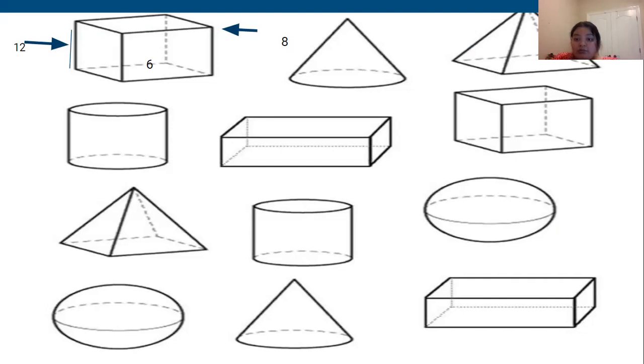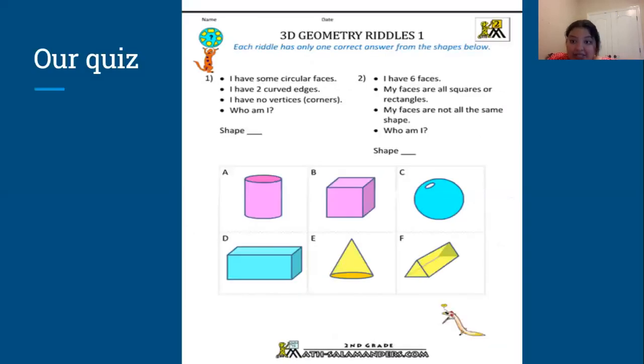And another one can be, we can actually grab these, and there's more faces, there's more edges, more vertices. Except for a sphere, they have no vertices and no edges. But hopefully you guys enjoyed today's lesson, and that will be it for today.